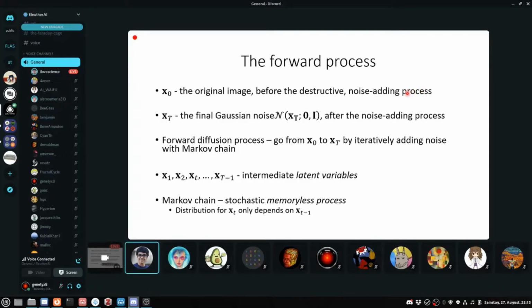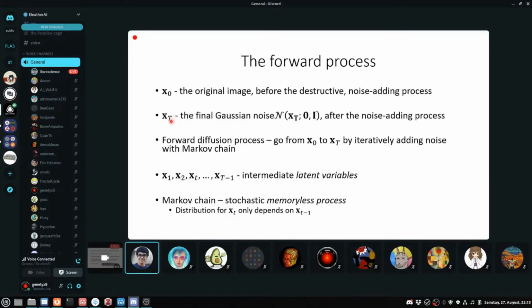We continually add noise until we get a final image, which is just pure noise, a final Gaussian noise, and that's what's referred to as xt. And of course, t is referring to a time step.